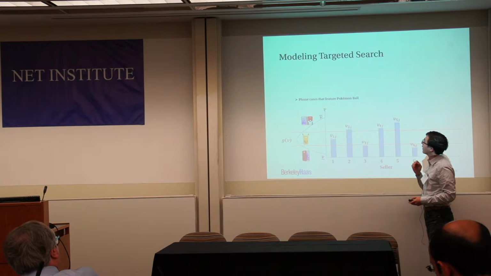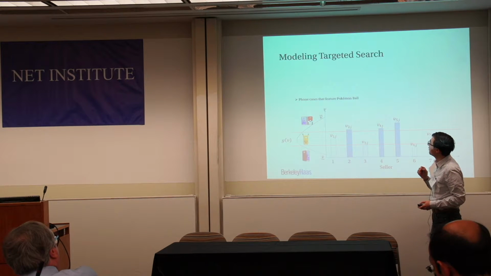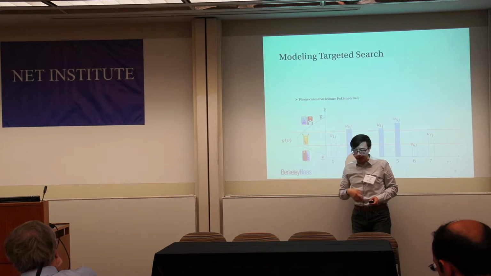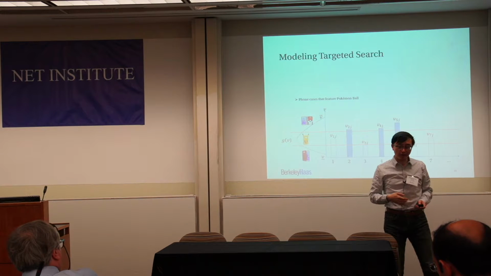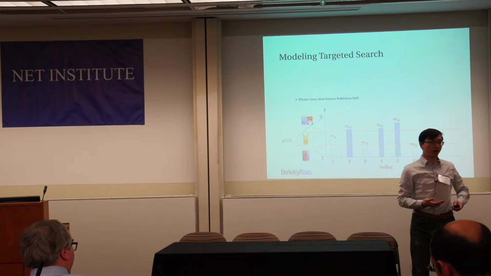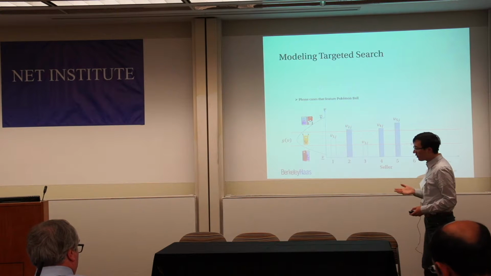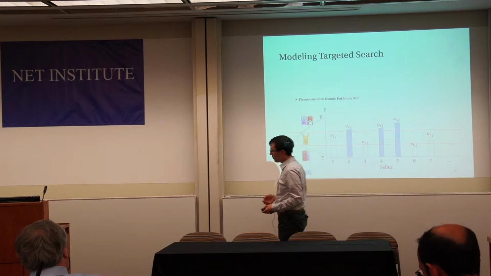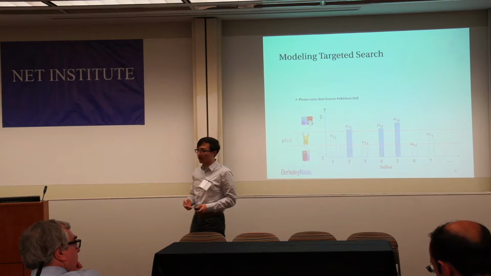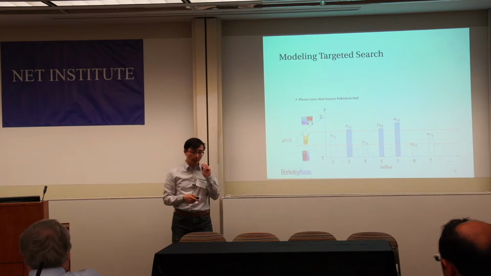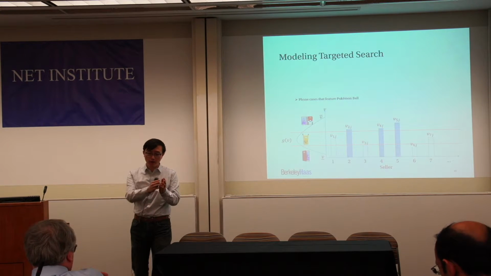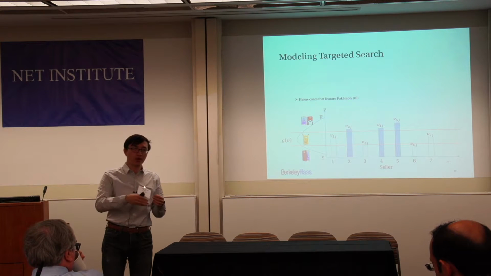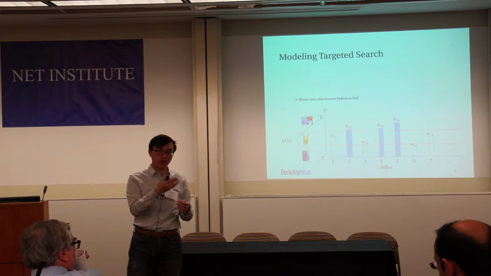Now, why am I using this kind of setup? From the modeling perspective, it gives me great tractability, but it also has a fairly relevant interpretation in terms of the actual application. Suppose you have a number of attributes, and the consumers are telling the platform what kind of attributes he or she is looking for.